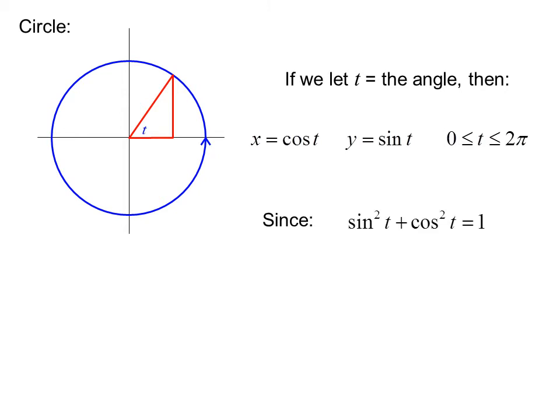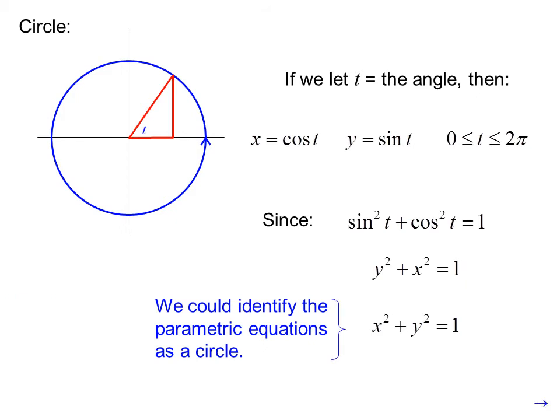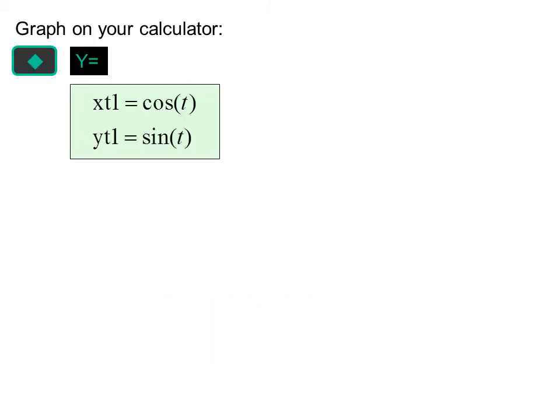Since sine squared plus cosine squared equals 1, we have y squared plus x squared equals 1, or x squared plus y squared equals 1. And we could identify the parametric equations as a circle.